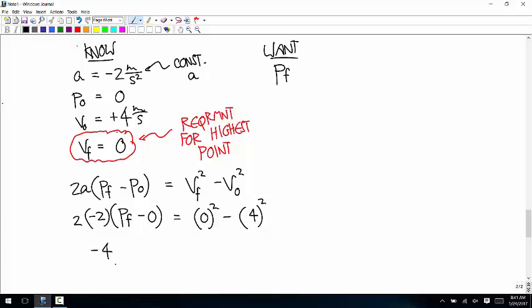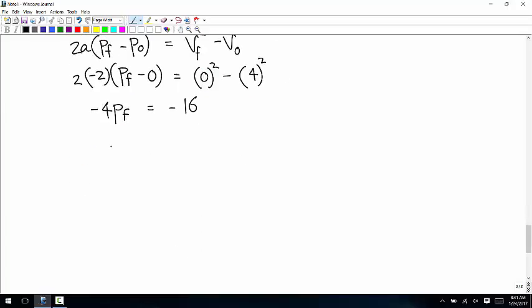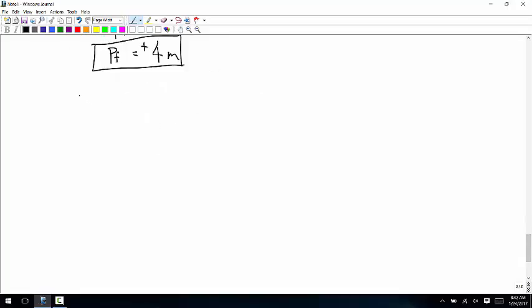So we have negative 4 pf, oh, 4 squared, yeah, is equal to negative 16. And so pf is equal to positive 4 meters. Any questions about that? All right, let's do one more.